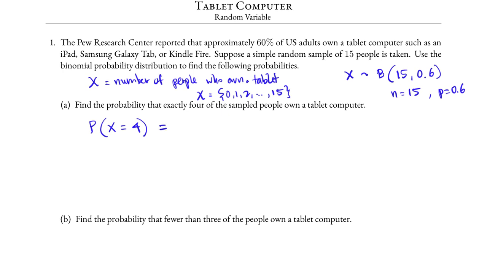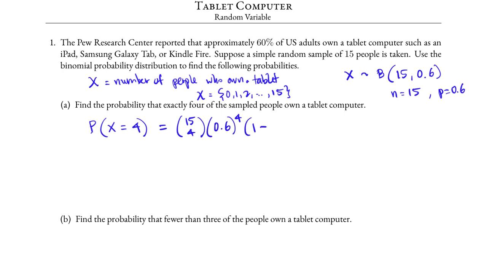Since this is a binomial distribution, we first list the number of ways to choose 4 from 15, the binomial coefficient 15 choose 4. Next, we include the probability of success, 0.6, raised to the power of how many we want. We want 4 successes.